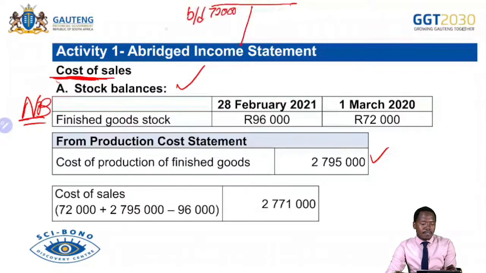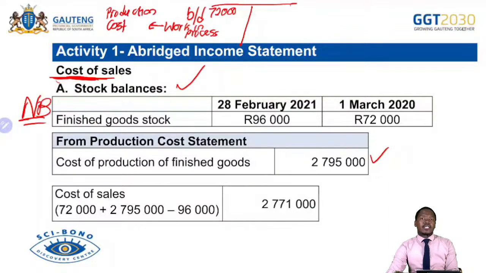And then we also have our work in process here, grade 12. Remember, what is work in process in this case? This is our production cost total. This is coming from our production cost statement. And then this side, grade 12, on the credit side, we used to have our cost of sales.